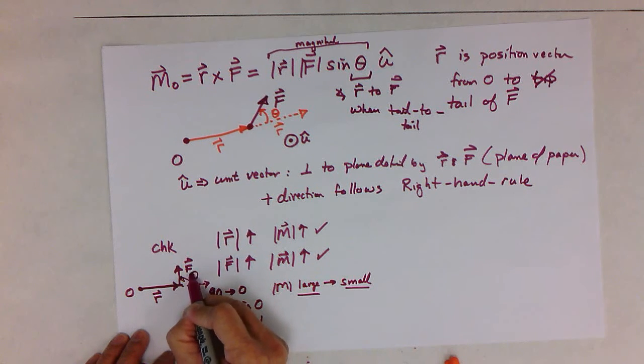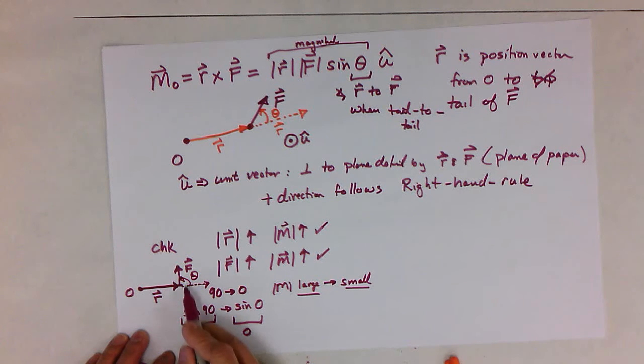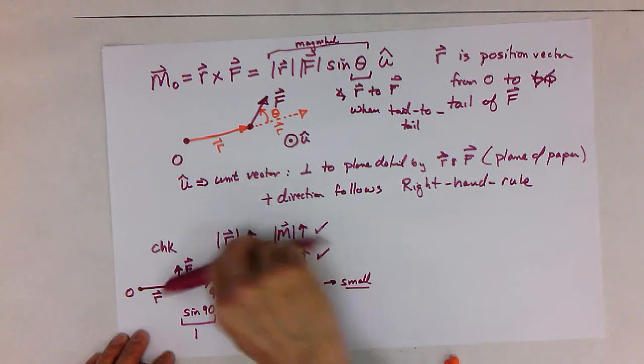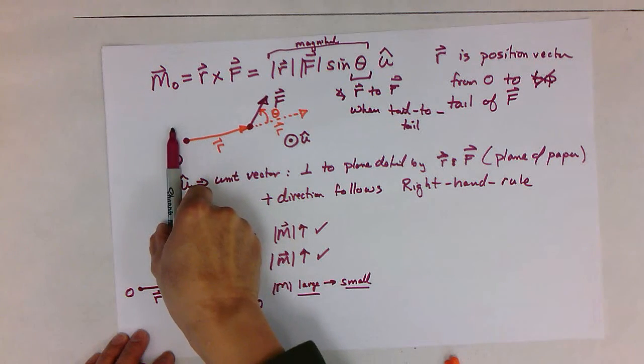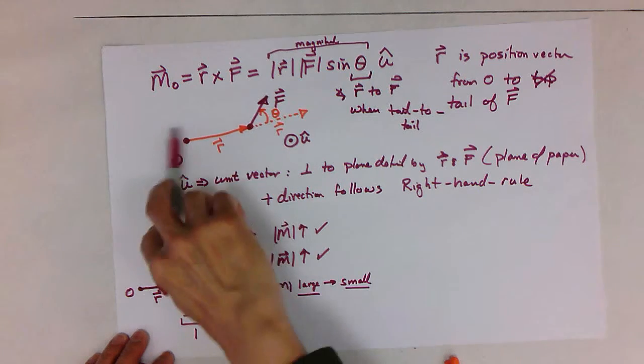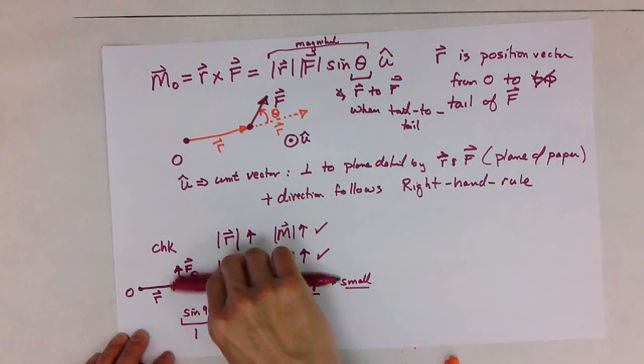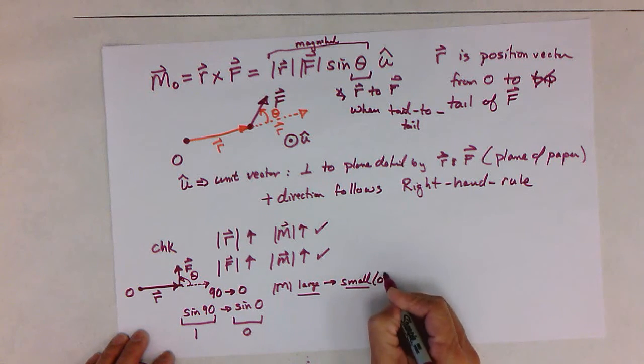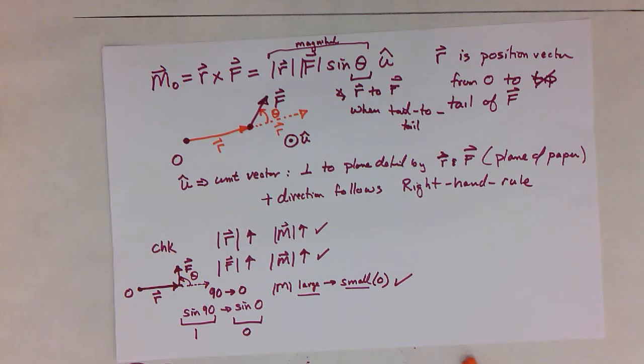This is the angle theta. When theta is 90, moment is large. When it is 0, the force going in the same way, then we have 0 moment. So moment goes from large to small, in fact small being 0. So that checks out.